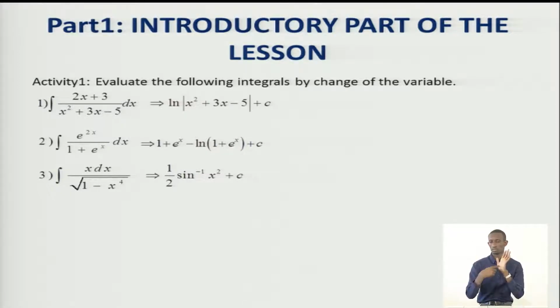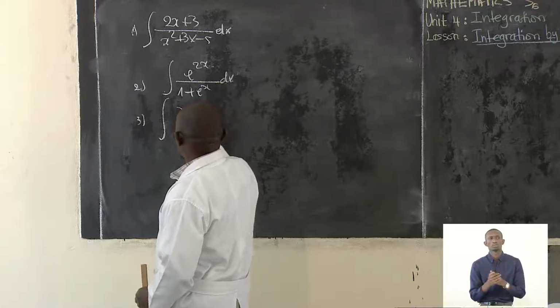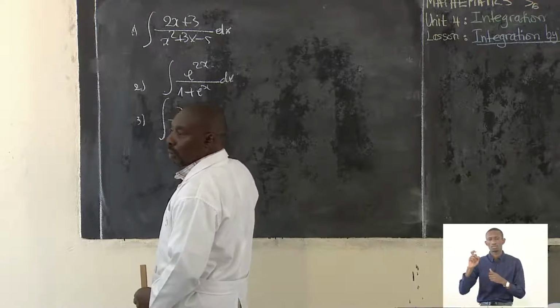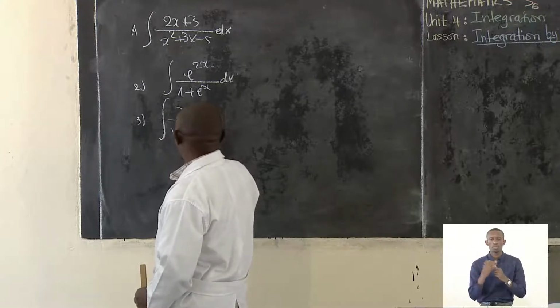Number 1, you are going to integrate 2x plus 3 divided by x squared plus 3x minus 5 dx. Number 2, integral of e power 2x over 1 plus e power x dx. And the 3, the integral of x dx divided by square root of 1 minus x power 4.